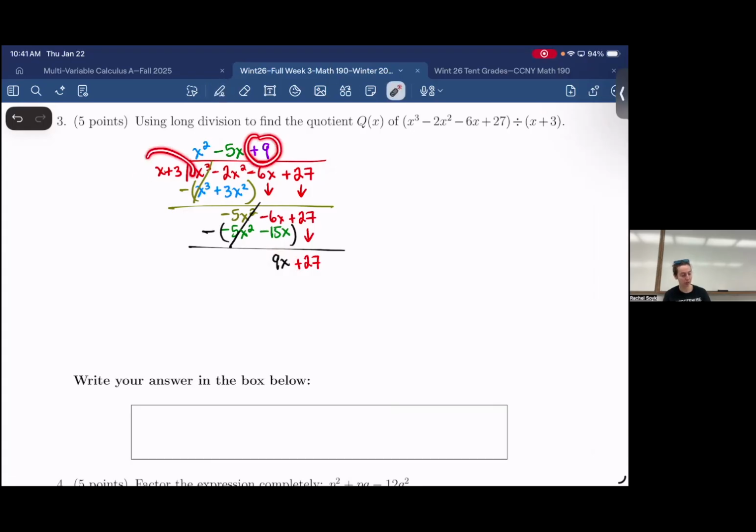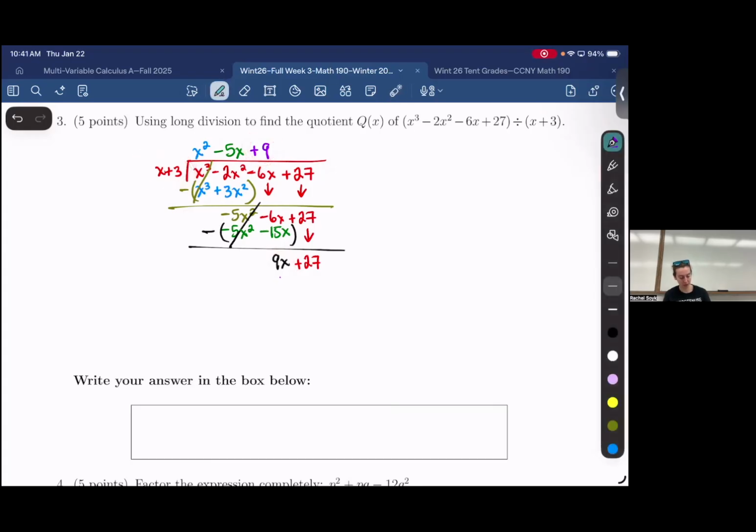Take the product. We get 9x plus 27. Subtract this, and lucky for us, both of them cancel out. So our remainder is 0. Telling us that our quotient is x squared minus 5x plus 9. And we're done.